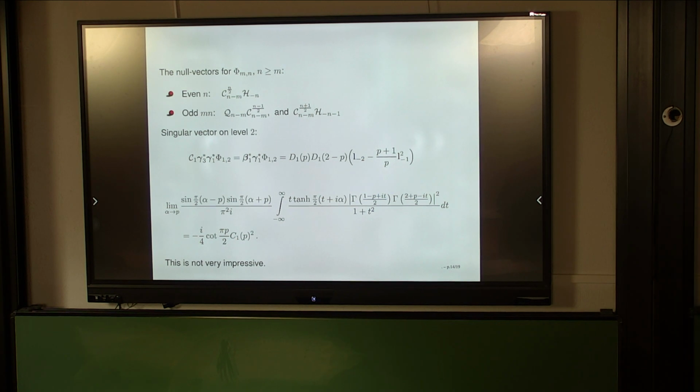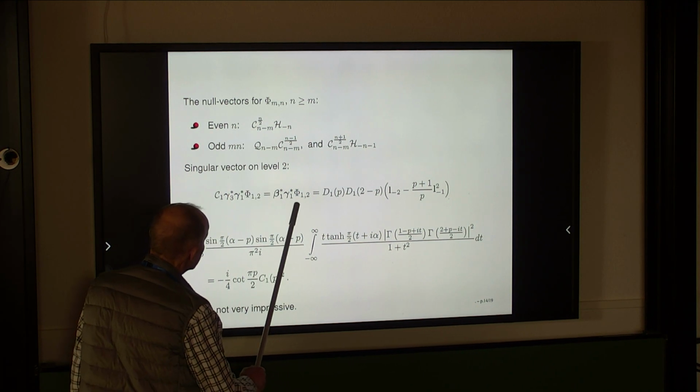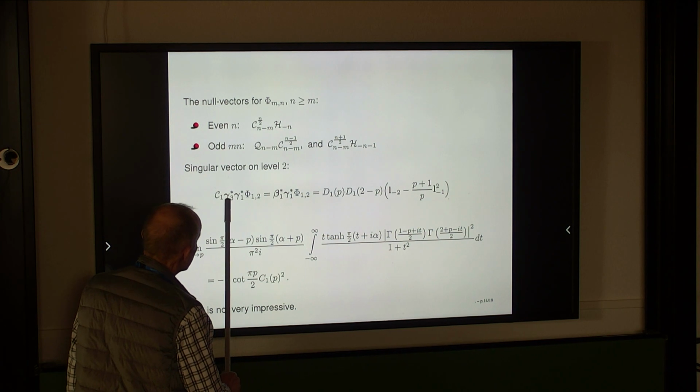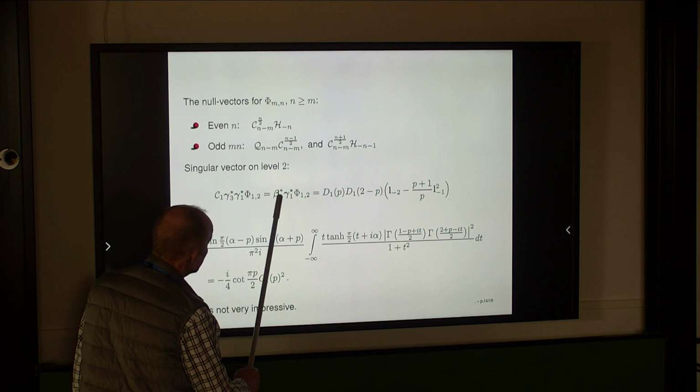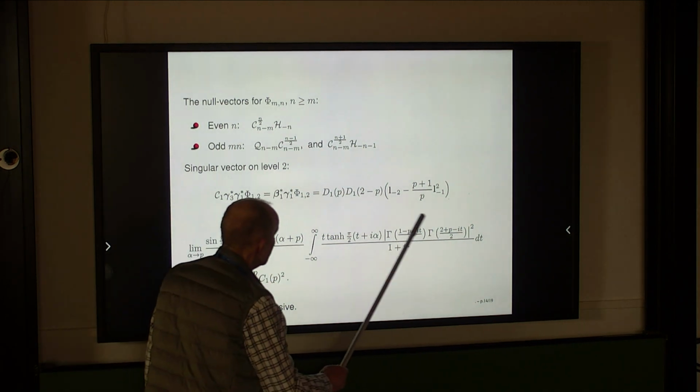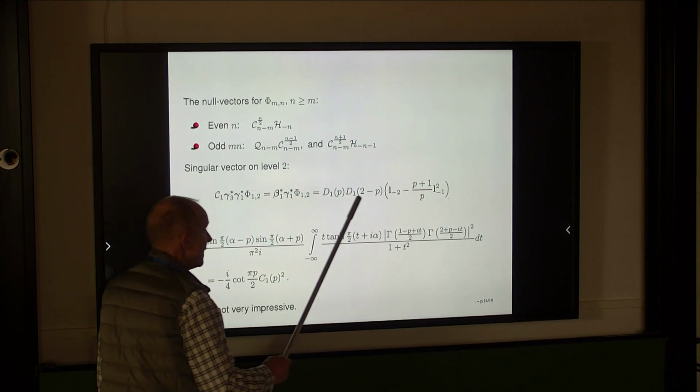Let's consider an example. A simple example: if you take gamma 3, gamma 1, and act by C1, then you obtain this guy. This is my procedure: you have to have charge -2 here to get charge 0 here. This must be a null vector.